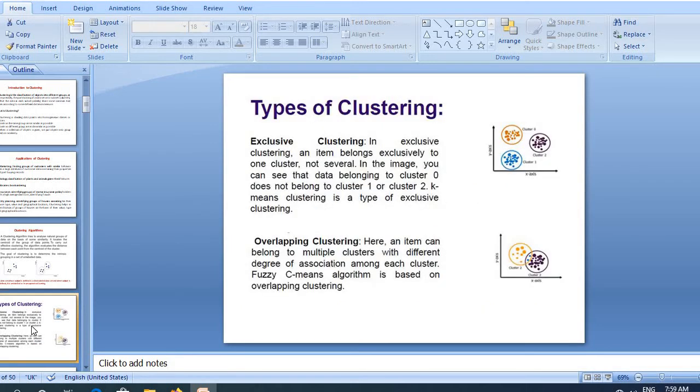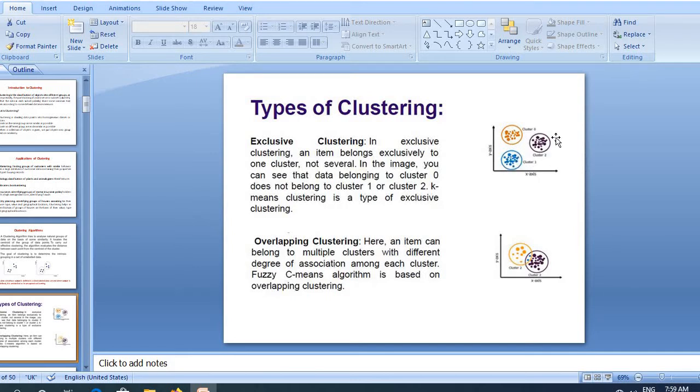So there are different types of clustering. The first is exclusive clustering. Here each item belongs to only one cluster. For example, see the orange data points here. They belong to cluster 0. Blue ones, all these data points belong to cluster 1 alone.